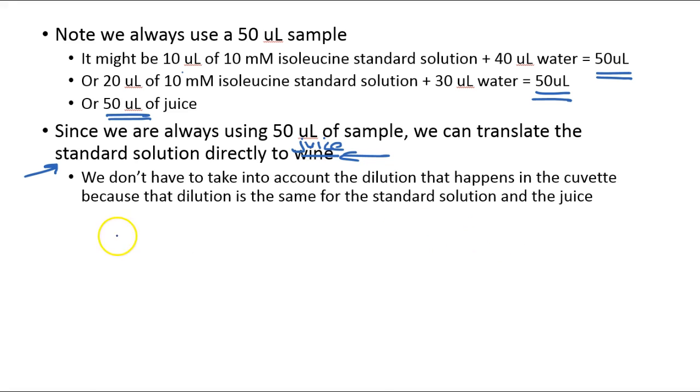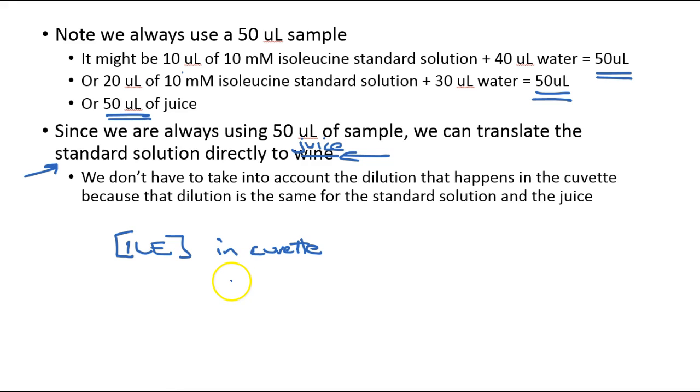In other words, the concentration of isoleucine in the cuvette is lower than the concentration of the isoleucine in the 50 microliters that we added to the cuvette. Right? When we add the 50 microliters, it's diluted in the cuvette.